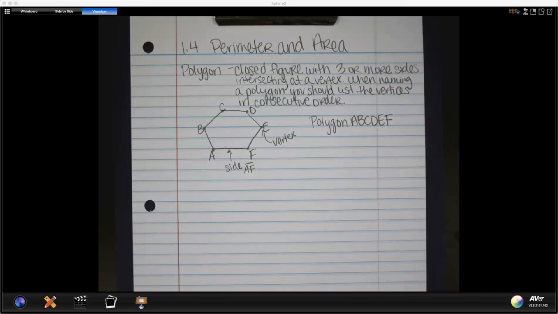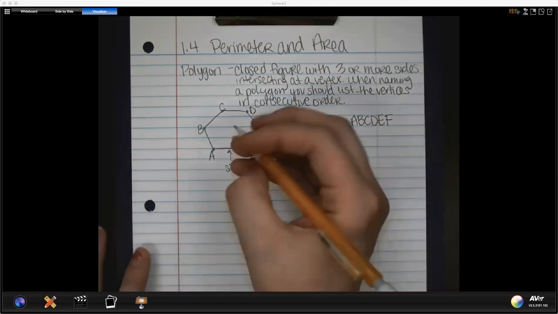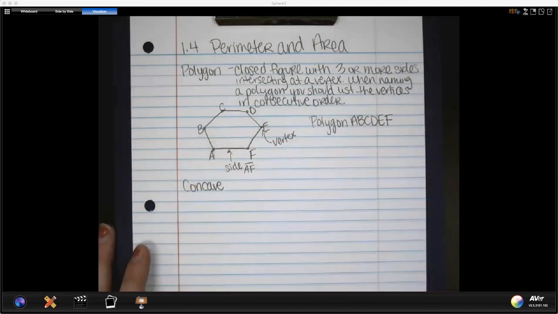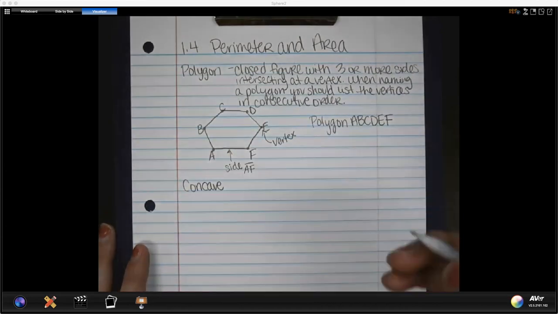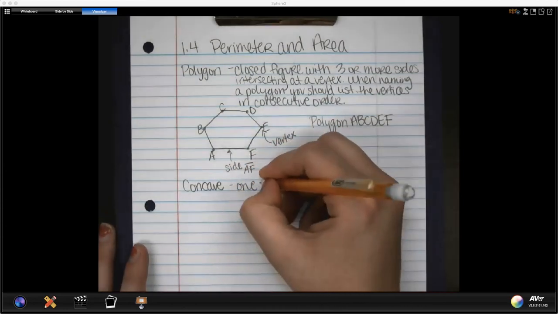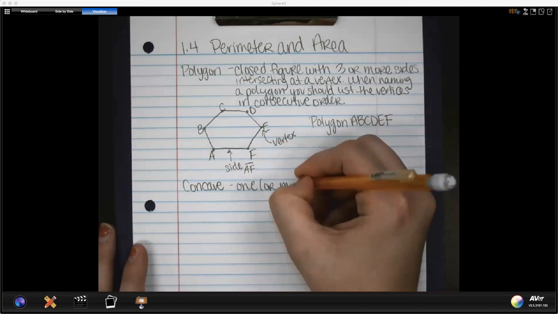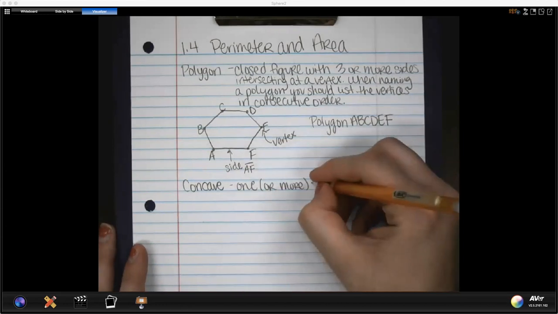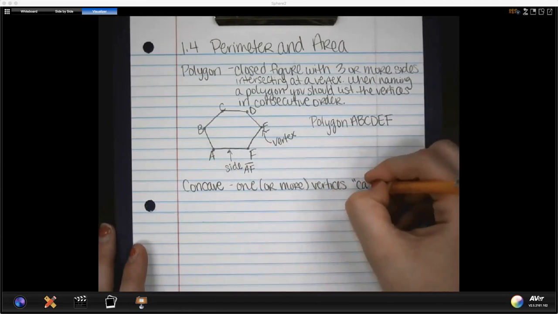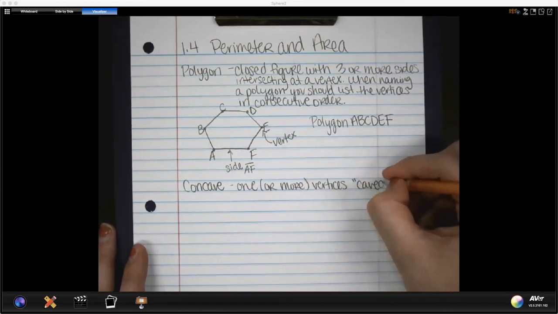All right. Next thing about polygons is about how they look. Okay. So we could have convex or concave polygons. Okay. So concave means you have one or more vertices caved in.